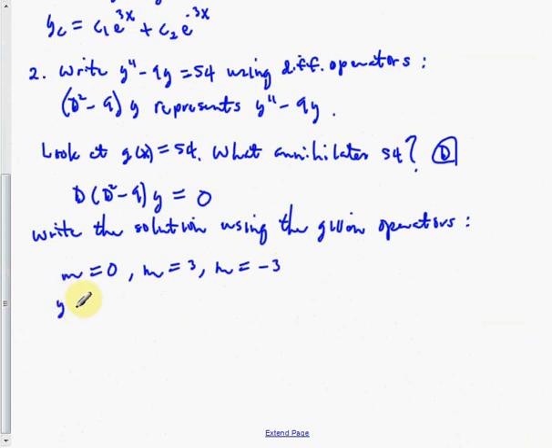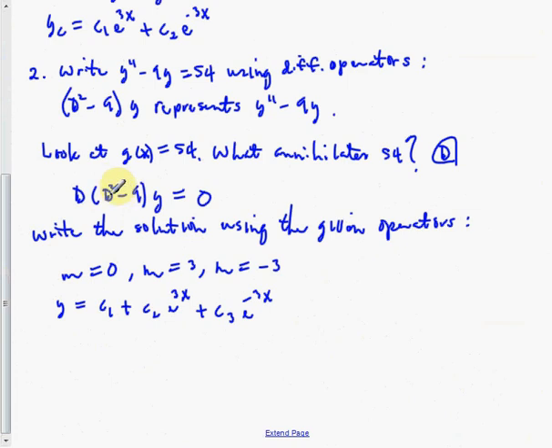So I get y is equal to c sub 1 plus c sub 2 times e to the 3x plus c sub 3 times e to the negative 3x, where the 0, the 3, and the negative 3 came from this differential operator, D times, basically, D minus 3 times D plus 3. Right?